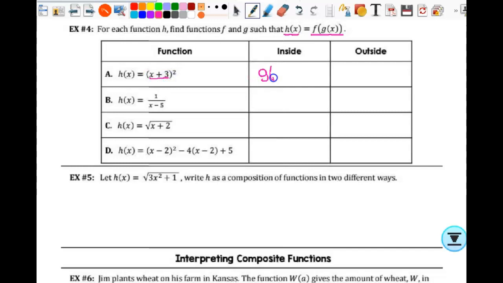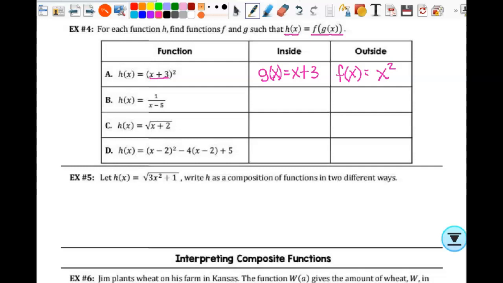If I say g of x equals x plus 3, what do you think f of x would have to be? X squared. Okay? Because if I'm going to do f of g of x, that means I take g of x and I substitute it into f of x, and I should get h of x there. You see how you just undo that?